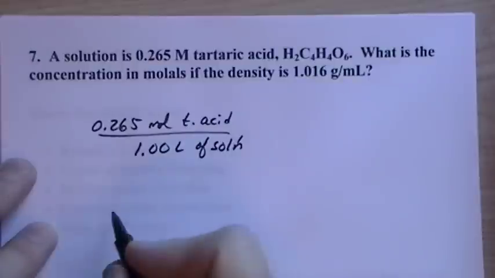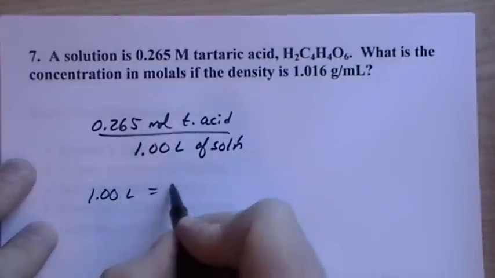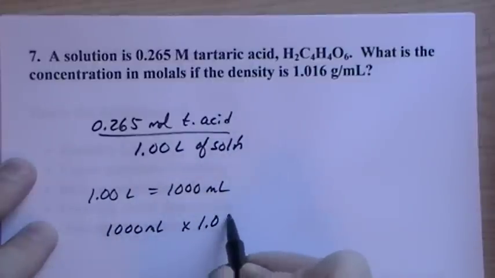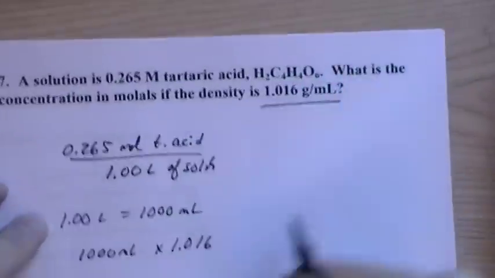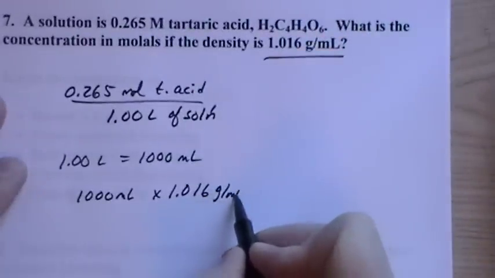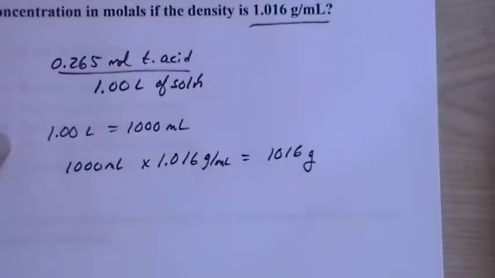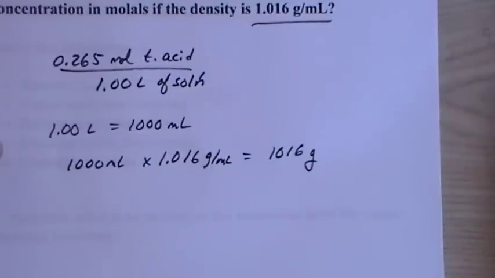Well, we know that 1 liter of solution equals 1,000 mL, and 1,000 mL of solution times the density of the solution, which is given above here, gives us mass. So now we're in terms of mass of solution, not mass of solvent like we'll need for molals. We'll need kilograms of solvent.